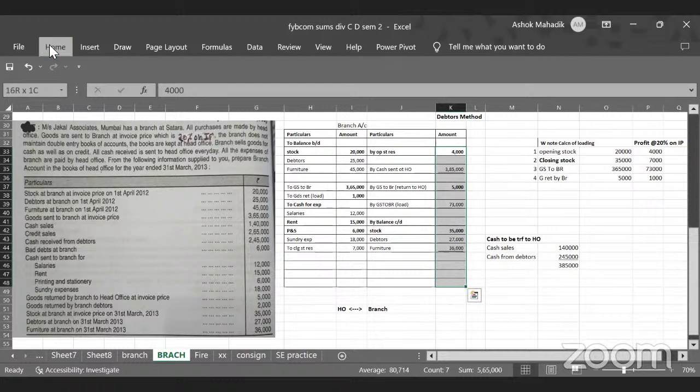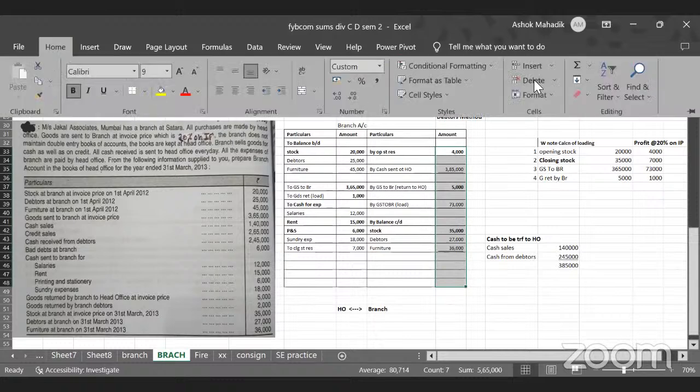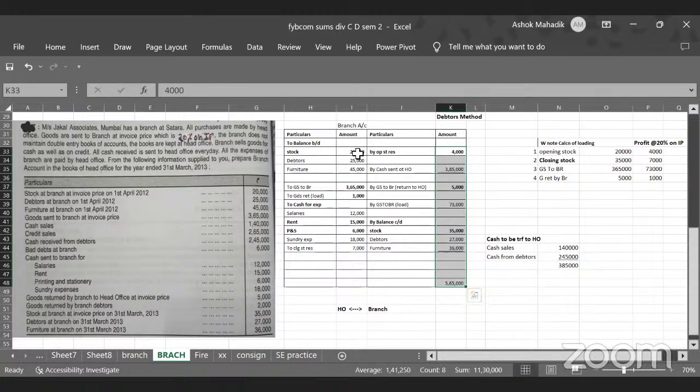So take total loss, credit side, then take the other side. Okay.